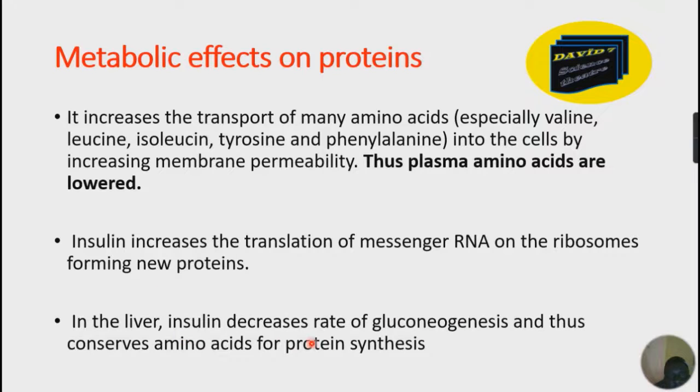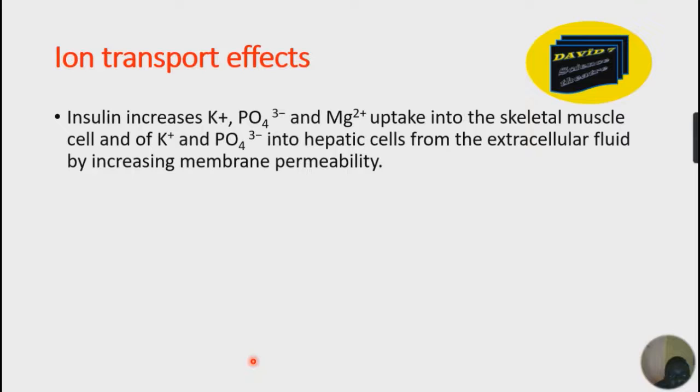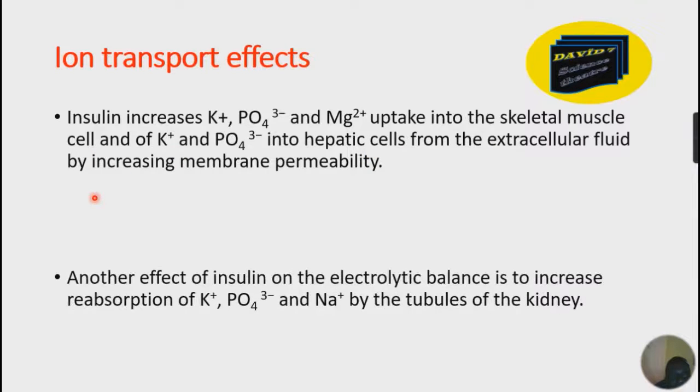In the liver, insulin decreases the rate of gluconeogenesis and thus conserves amino acids for protein synthesis. Effect on ion transport: insulin increases potassium, phosphate, and magnesium uptake into skeletal muscle cells, and of potassium and phosphate into hepatocytes from ISF by increasing membrane permeability.